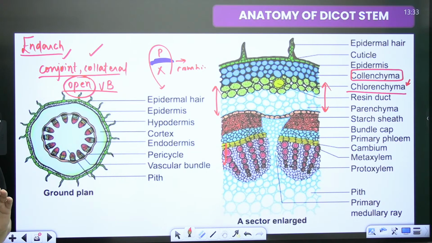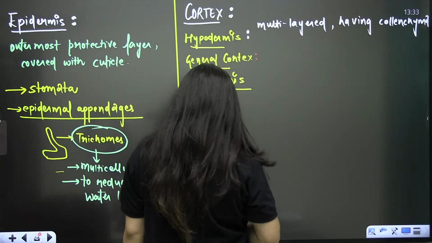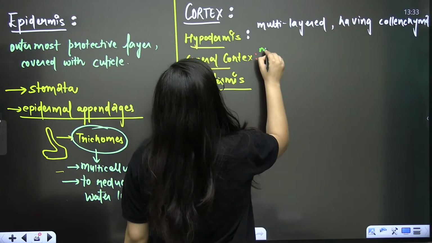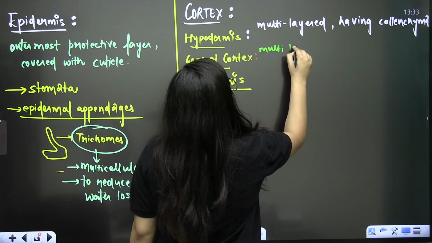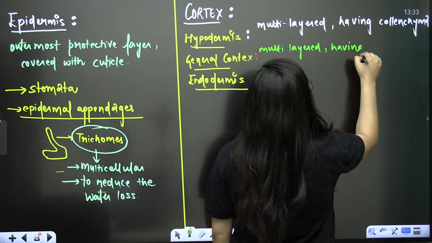So this is what you need to write there in the general cortex. The general cortex is also multi-layered, having parenchymatous cells.